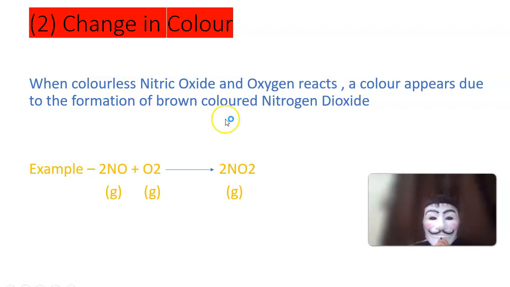Don't get scared. This nitric oxide, which we have just said here, is actually a gas. You will have written it ahead. And oxygen is also a gas, we do know it's common. So it forms brown colored nitrogen dioxide, which is also a gas. So let's go ahead and check the next topic.